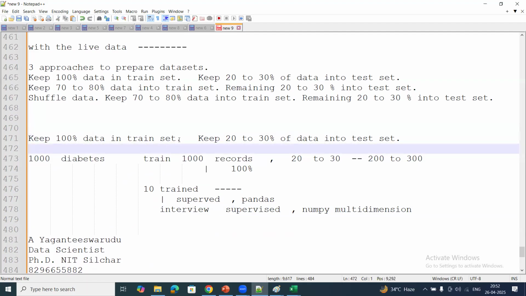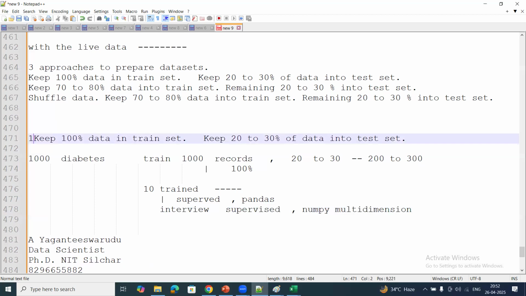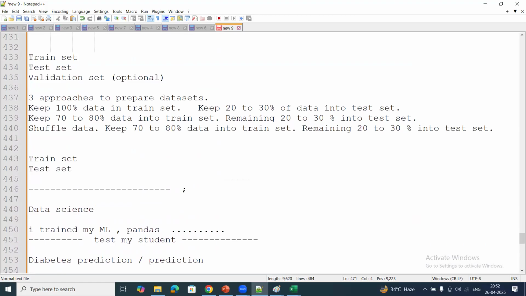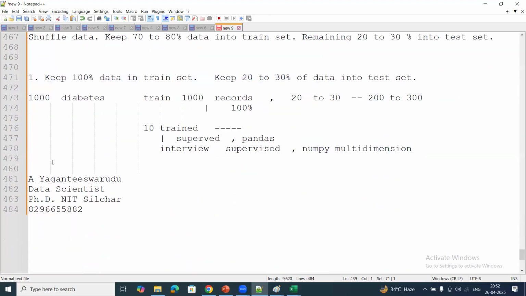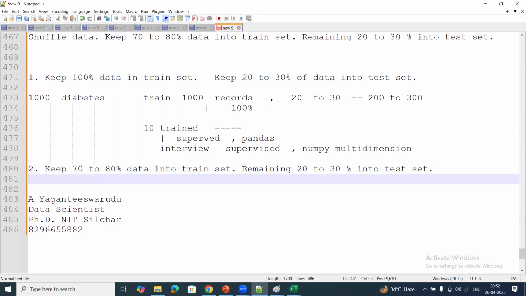Keep 100% data and, out of that 100%, use 20 to 30% of the data for the test set. This is not appropriate, because during testing it will perform 100%. The second approach: out of 100%, keep 70 to 80% of the data for training and 20 to 30% for the test set.